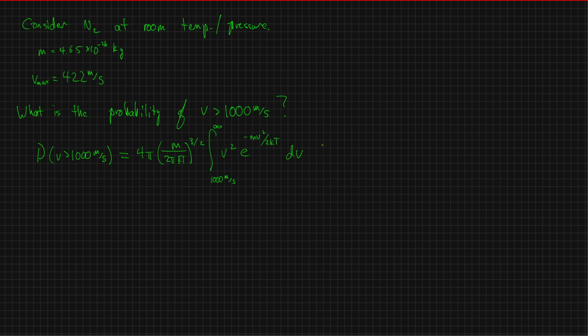If you evaluate this for all of the relevant variables, you get 0.0105. If we move the decimal over 2, we get the percentage. So we have about 1% of the total population.